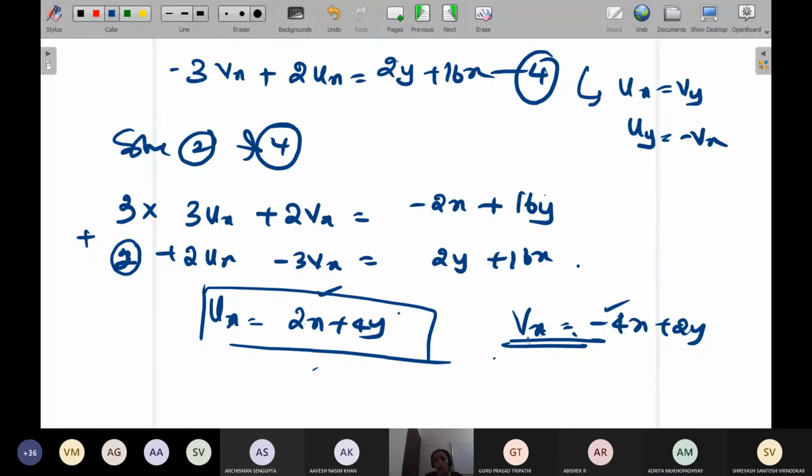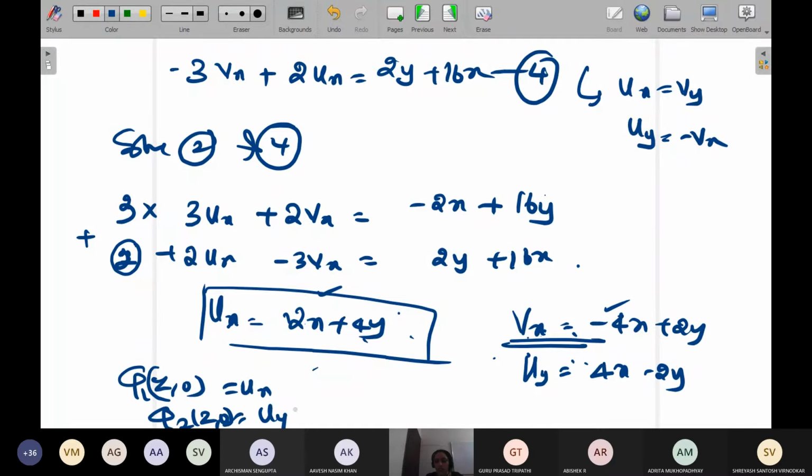Suppose I'm changing this in terms of u, so uy will be equal to minus vx, so you'll get 4x minus 2y. Now you have got the real part, and you know that phi 1 of z comma 0 is equal to vx, and phi 2 of z comma 0 is equal to uy. Substitute it, integrate it, you can do it. This is one way of doing the problem.